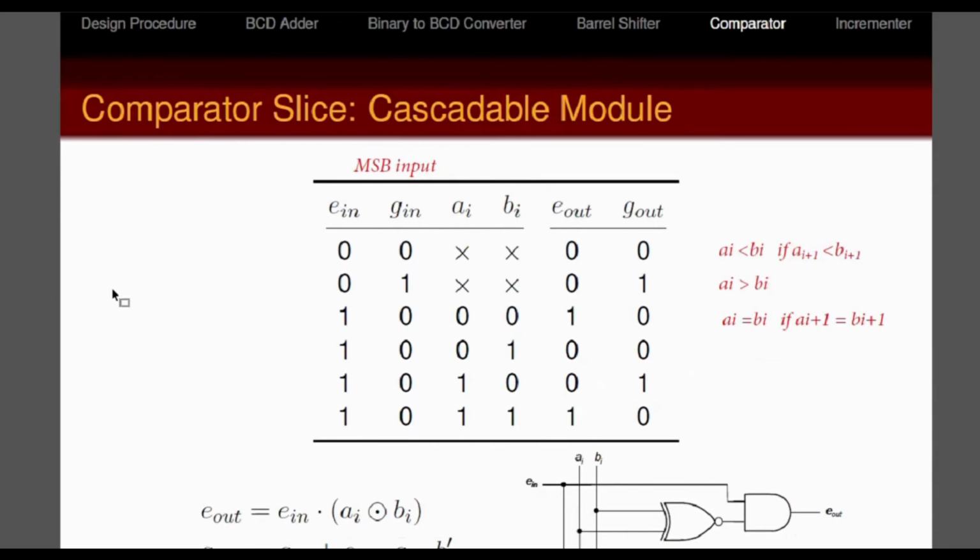For the cascaded model, remember, the half adder you cannot cascade because we have no carry in, we don't have carry out to connect to the next stage. So for the cascaded model, you assume you have E in, G in. E is the equal input, G is the greater than input from the higher significant bit position.